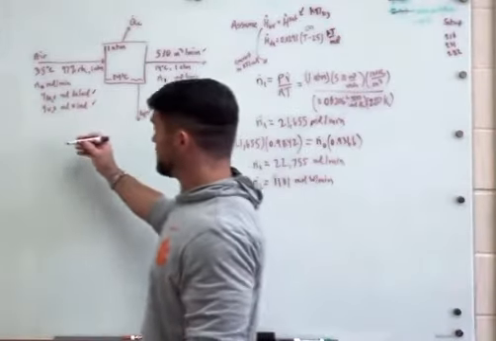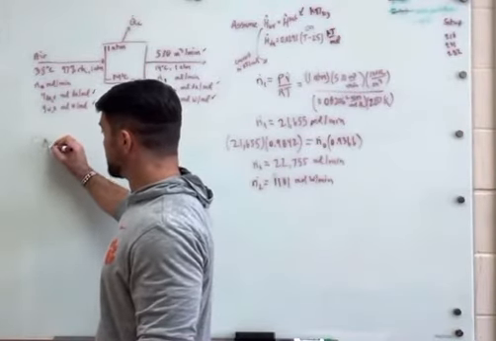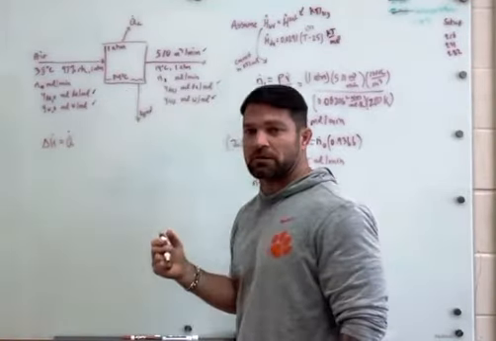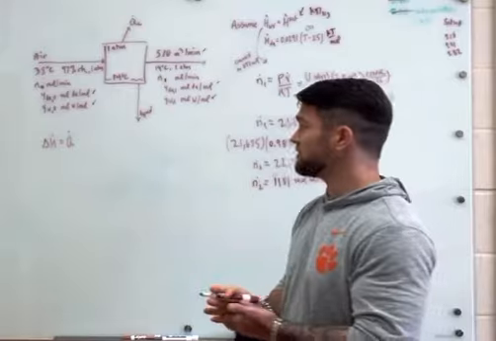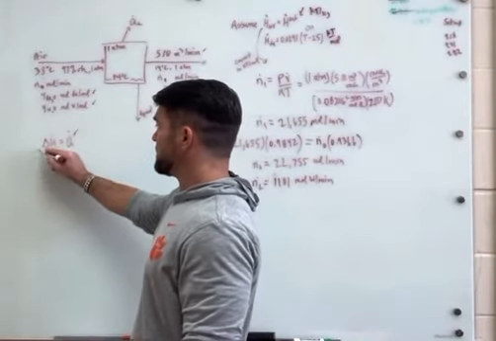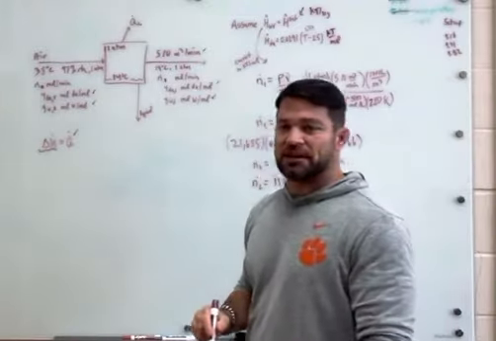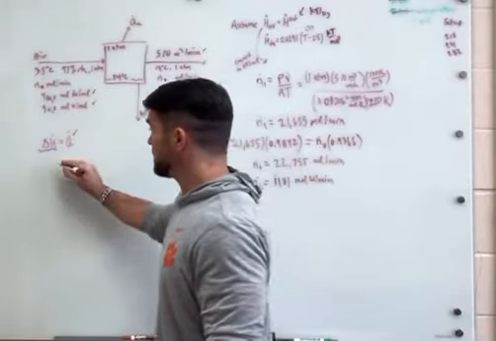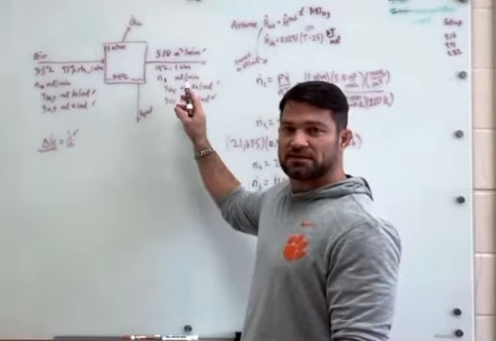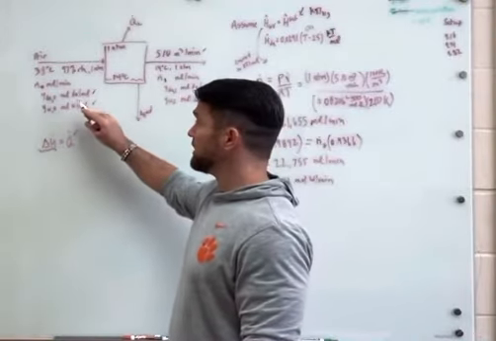Okay, so just to go back, our energy balance for this process is delta H equals Q, because there's no shaft work and no kinetic and potential energy changes. We're asked to calculate Q, which means we should be able to calculate this delta H. This delta H is just the sum of the enthalpies coming out minus the sum of the enthalpies coming in.